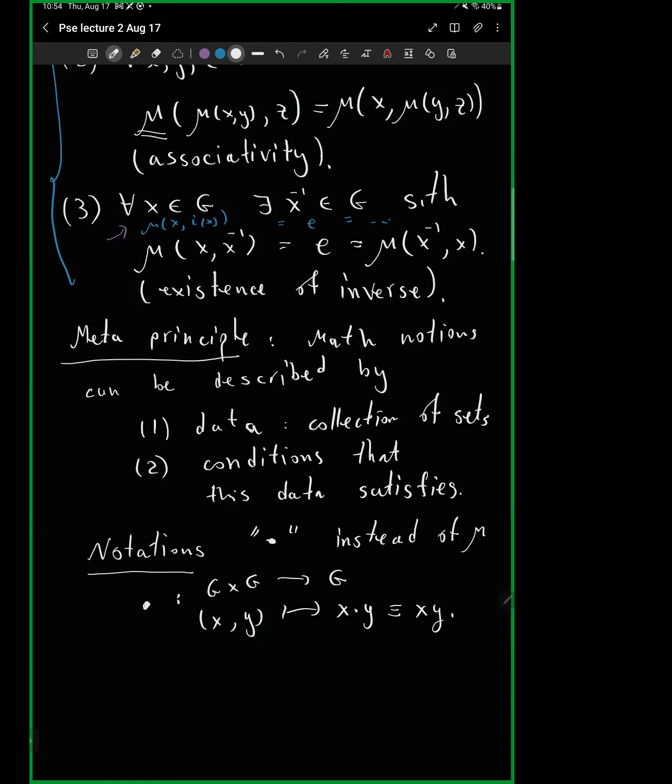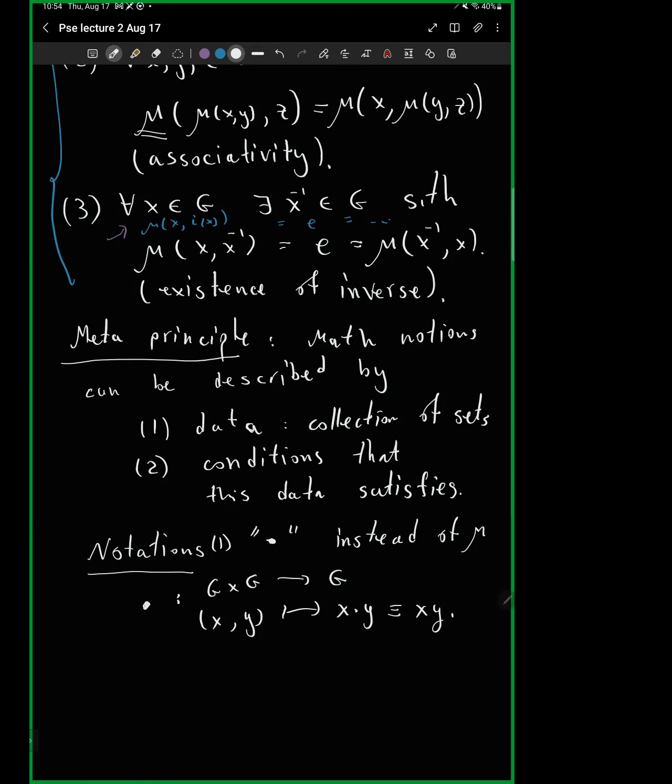But of course, it may be that the binary operation comes from a usual addition or multiplication of numbers. And if it is the case, we will often denote the binary operation as addition or multiplication.